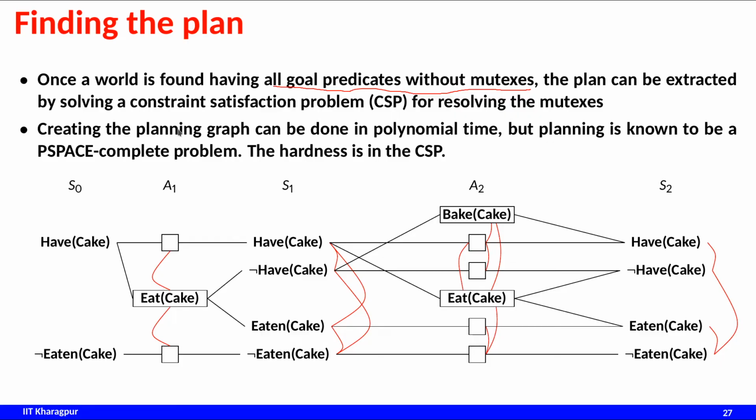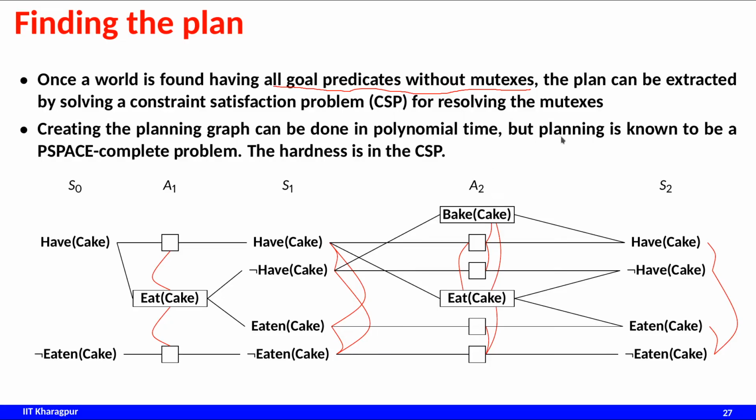One thing to note here is that creating the planning graph can be done in polynomial time. Typically the size of a search tree, which we have seen in the first set of lectures of this course, grows exponentially. Here the size of the graph is limited because the number of literals will reach a certain point.